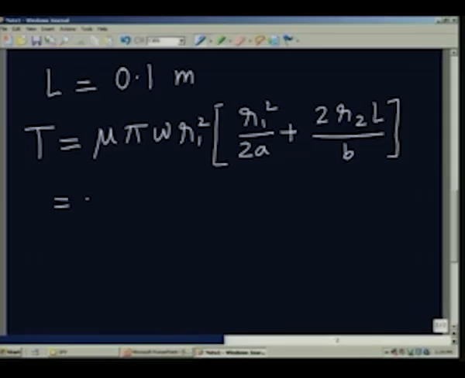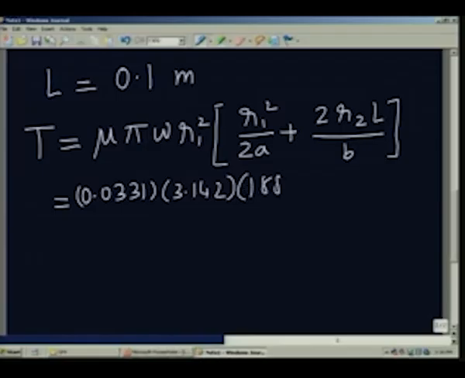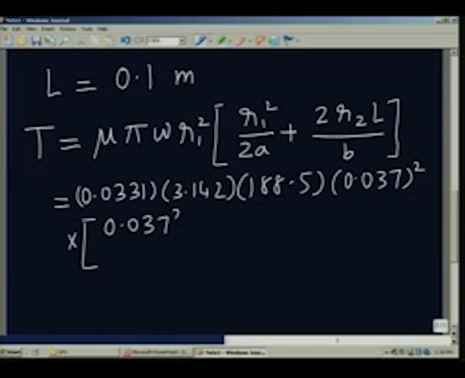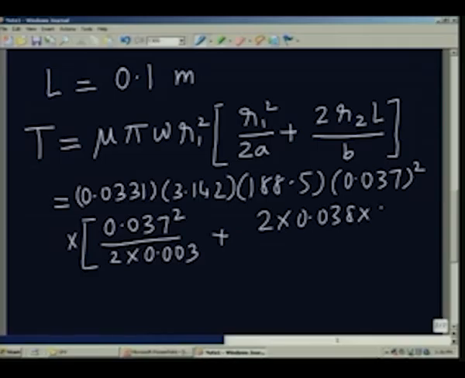So, it is very straightforward. Mu is 0.0331, pi is 3.14159, omega already found out is 188.5, r1 squared is 0.037 whole squared, this multiplied by r1 squared, 0.037 squared, divided by 2 into a, which is 0.003, plus 2 into 0.038 into length, 0.1, divided by b, which is 0.001.